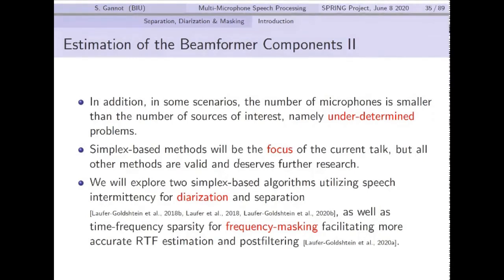The fact that in each time-frequency bin there is only one dominant source, we will utilize in order to have even better beamformers, and also to apply some type of post-filtering, which I mentioned briefly last time. But this post-filter that I will discuss today is an inherent part of the algorithm. So these are the topics I talk about today: how to estimate the activity pattern of the sources, and then to utilize it in order to construct all components of the beamformer.